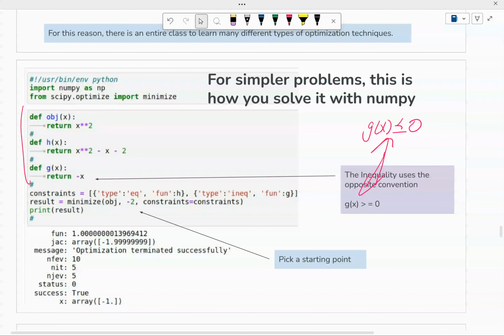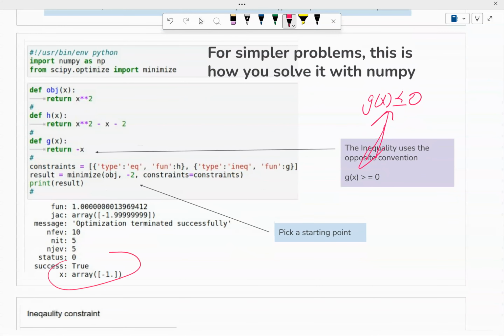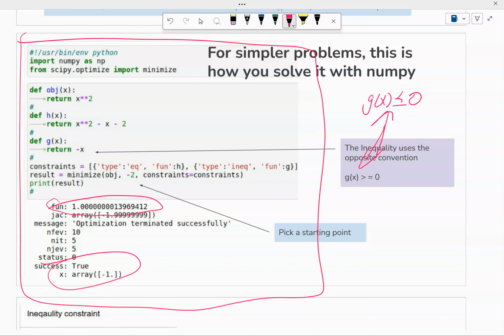Once it's solved, it tells you your optimal solution is -1, and your optimal function result is 1. So this is how you will solve a lot of the constraint optimization problems with NumPy.